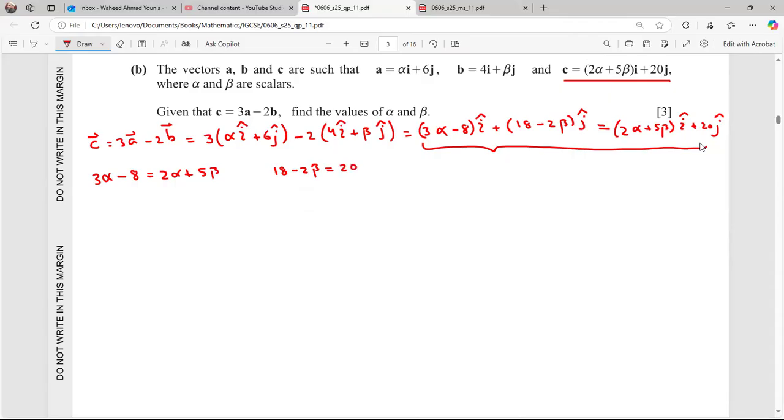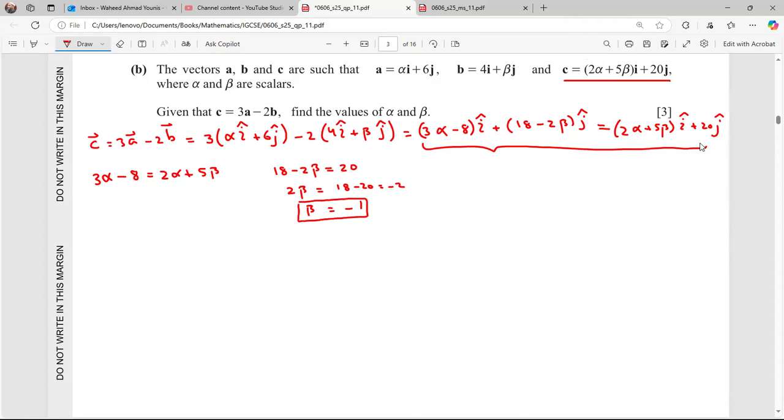So let's solve this first. 2 beta is equal to 18 minus 20, so this is minus 2. So beta equals minus 1. And I substitute this beta in the first expression.